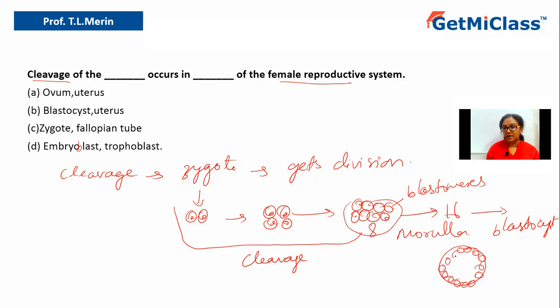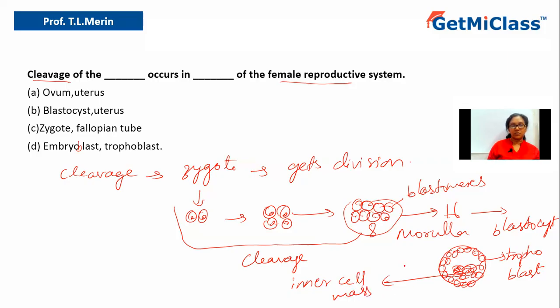Now the cells will arrange themselves into the outer layer, which is called the trophoblast, and the inner mass of cells, called the inner cell mass, or you can say the embryoblast. So this is what happens.